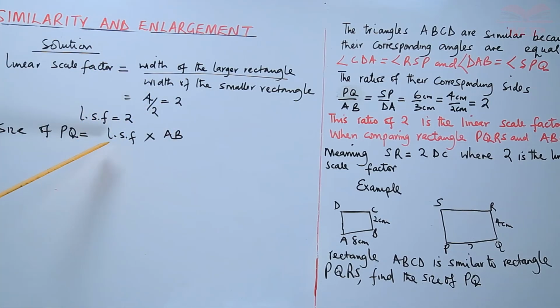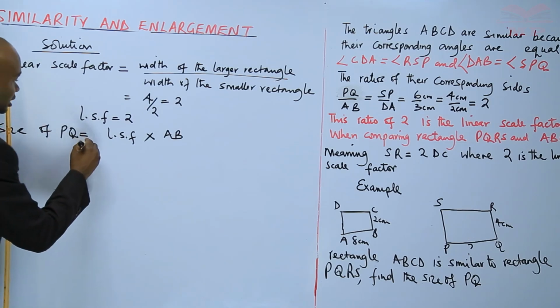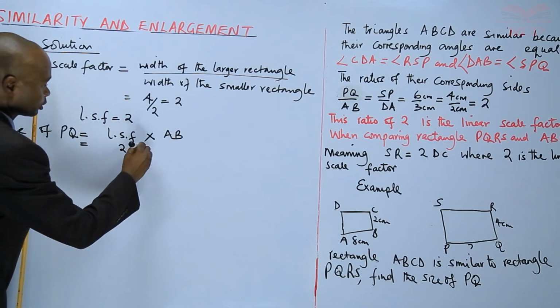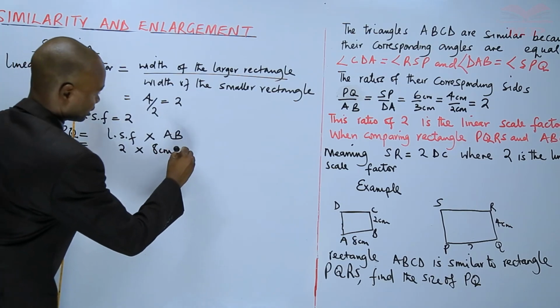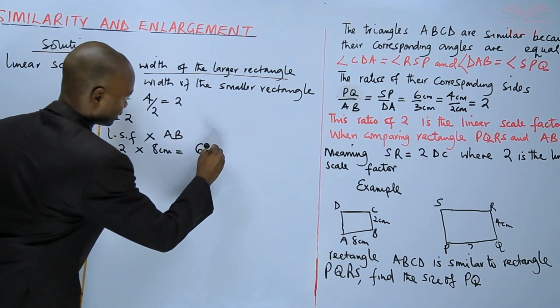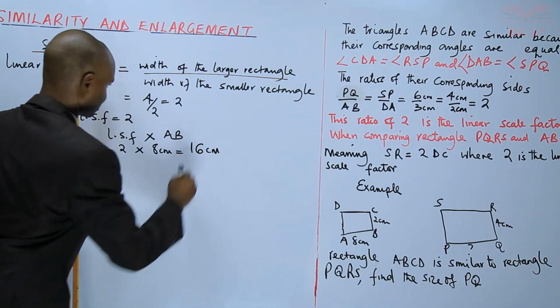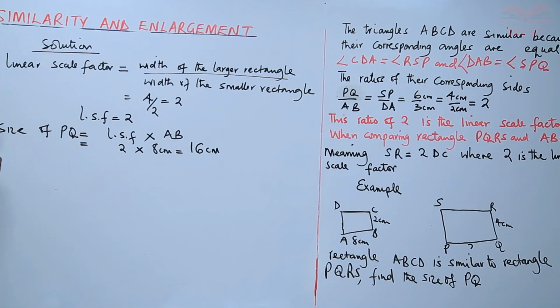So the linear scale factor 2 multiplied by 8 centimeters gives you 16 centimeters.